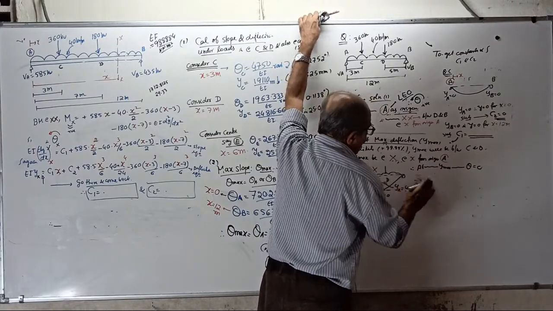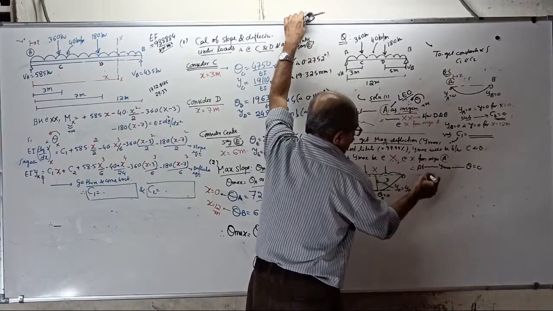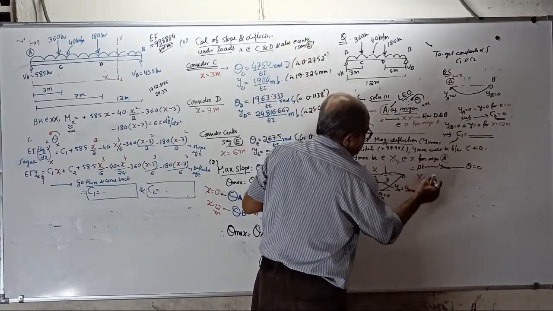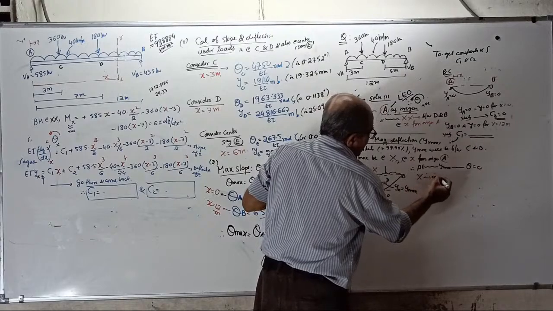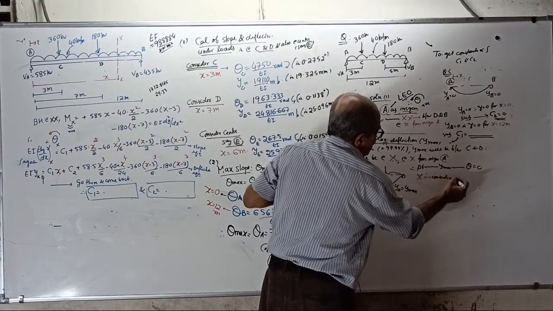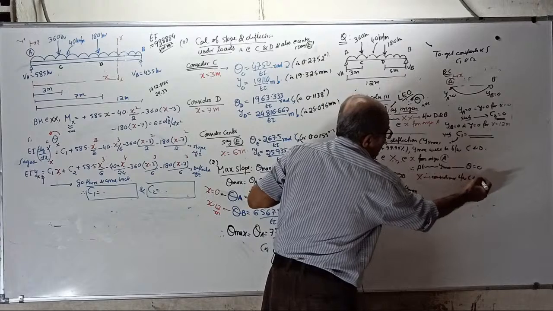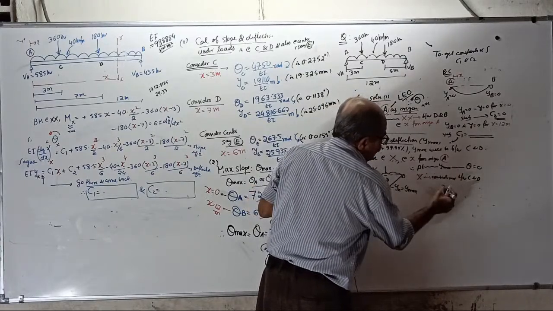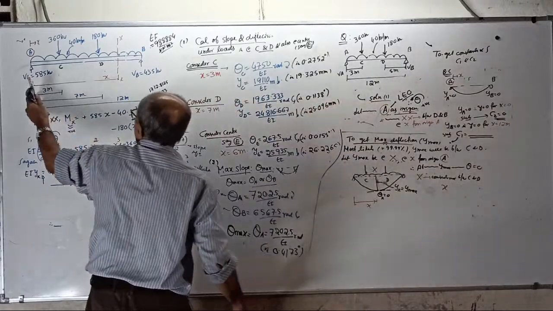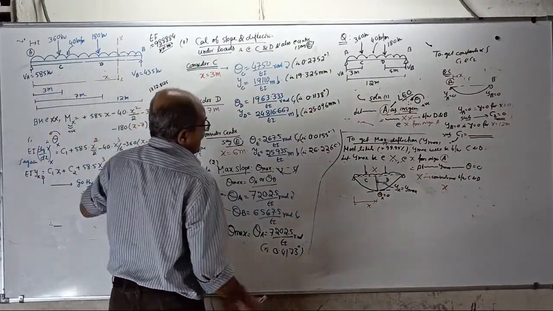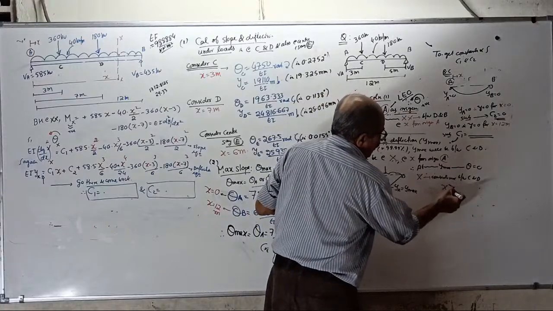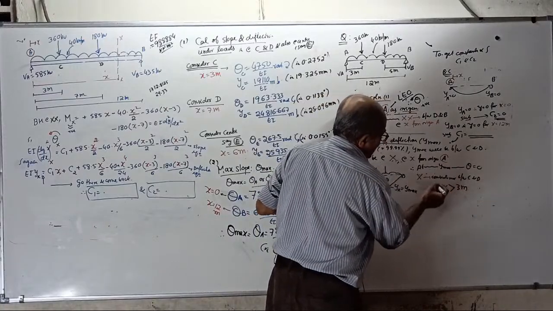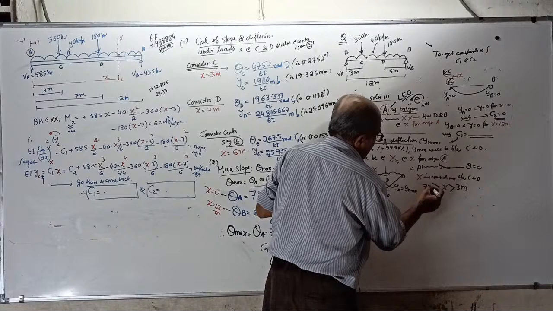And one more thing, our x is considered between C and D. Therefore, your x value should be more than 3 meter and less than 7 meter.